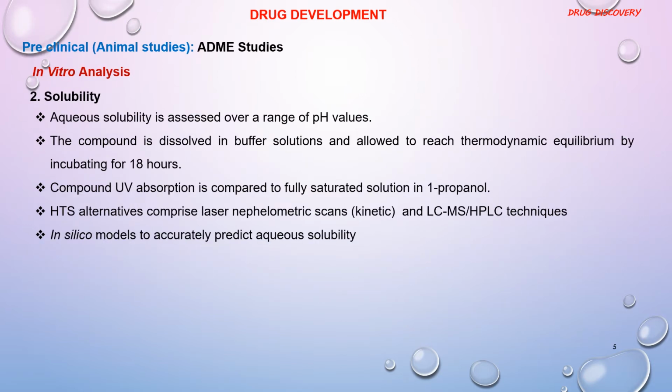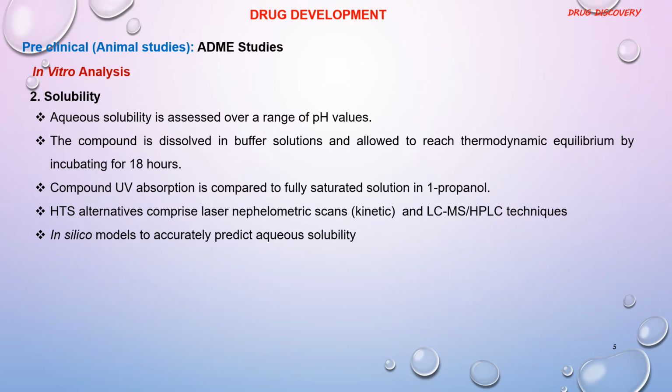The aqueous solubility of the lead molecule is assessed at various pH levels. This is because different compartments of the body have different pH levels. Solubility is estimated by dissolving the lead compound in buffer solutions and allowed to reach thermodynamic equilibrium by incubating for 18 hours.